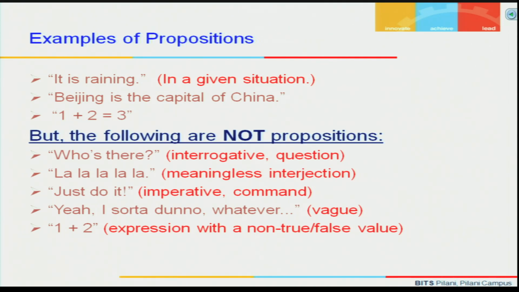Of course, the truth value of this statement is false. Still, Mumbai is the capital of India is a proposition for us. So a proposition is nothing but a declarative statement which has its truth value as true or false. Another example is 1 plus 2 is equal to 3. This is definitely a declarative statement, and its value happens to be true. Hence, it is a proposition.